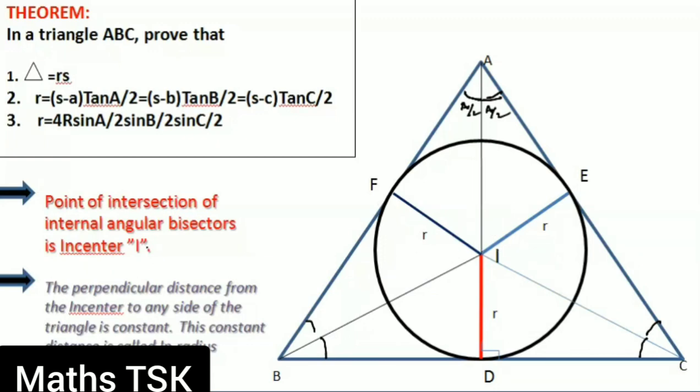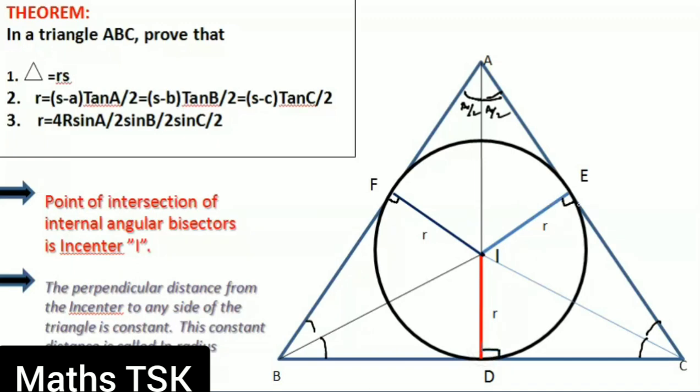Okay, so what is meant by inradius? The perpendicular distance from the incenter to any side of the triangle is constant. This constant distance is called inradius. From I to any side, the perpendicular distances ID, IE and IF are perpendicular to the sides BC, AC and AB.